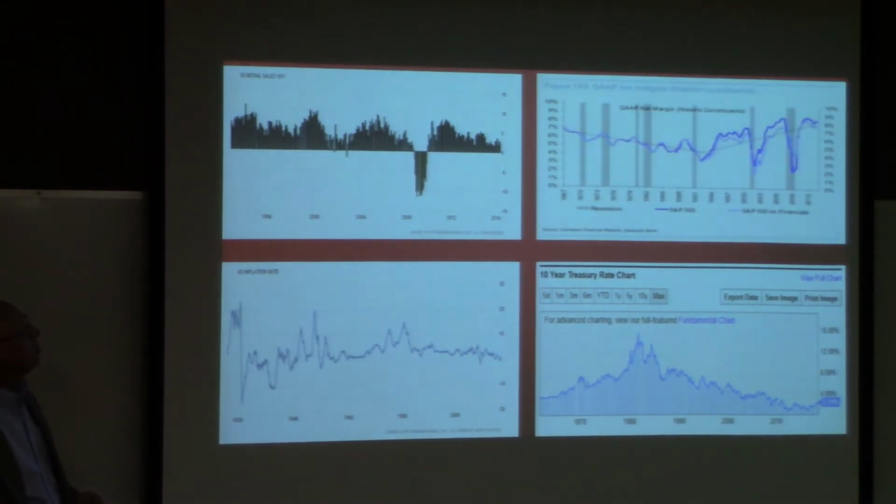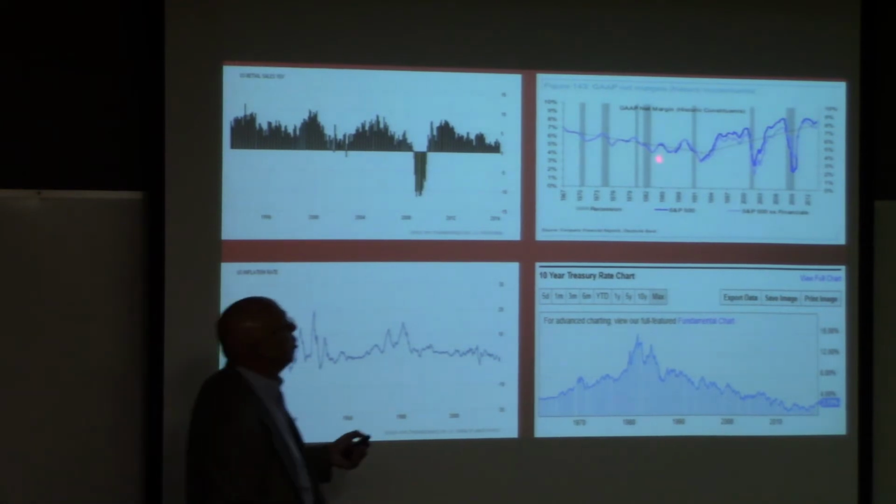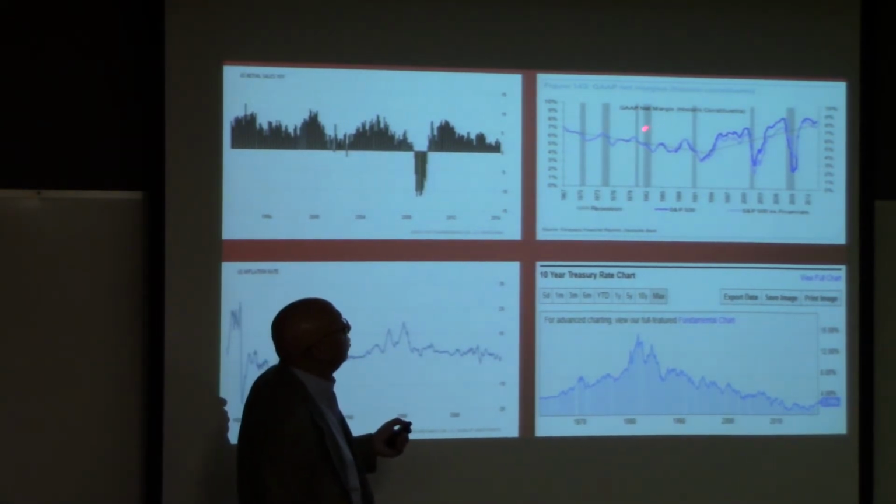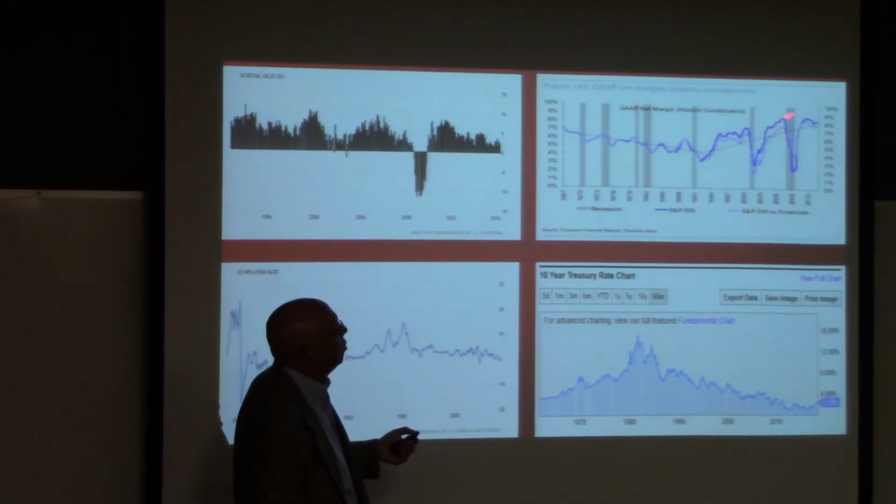Let's see what we're missing up here. Oh, this is a chart of the net profit margin for the S&P 500. And so you can see how profits jumped in the 90s. What is this from? Productivity. This is from the internet and computers. Okay?